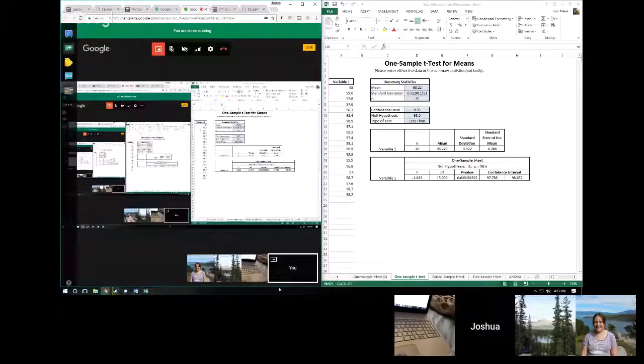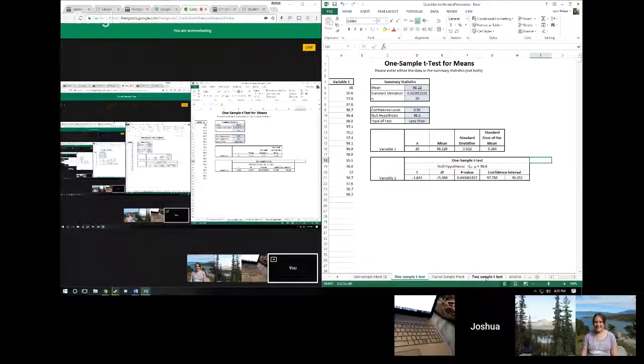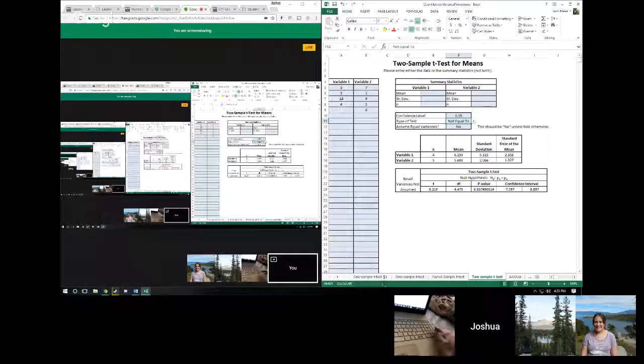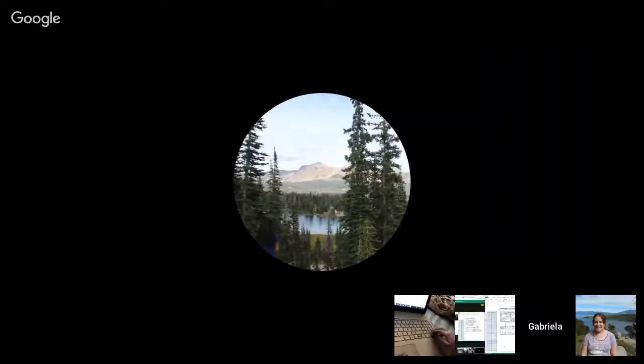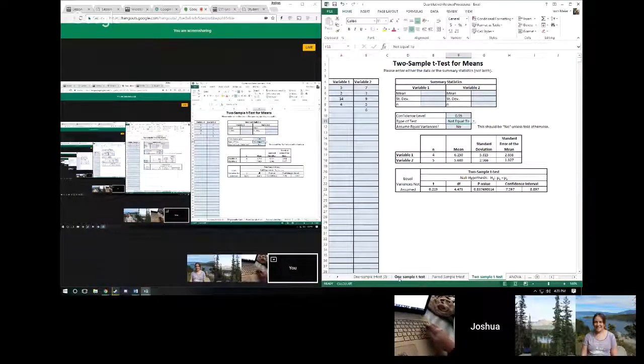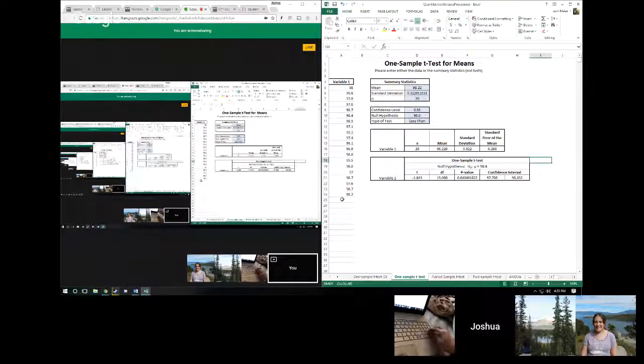So what you can do is just copy all the values that you have under 2 sample t-test and then paste them again in 1 sample t-test.